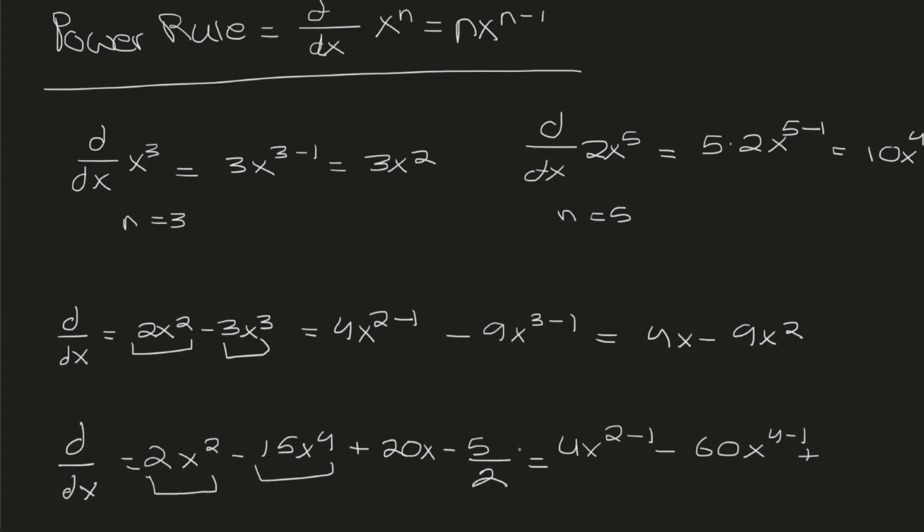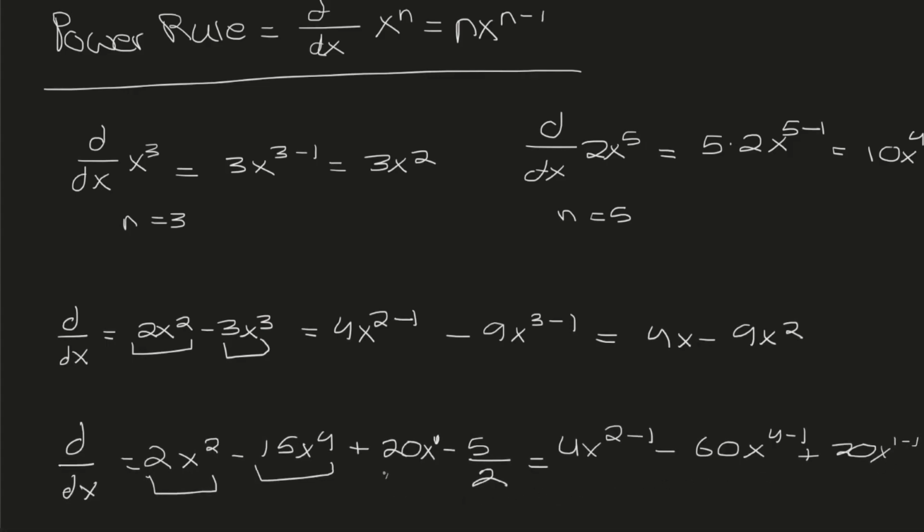Same thing here. x is another way of saying x to the first power. So we can do 20 times 1, which just remains 20, times x to the 1 minus 1 power.